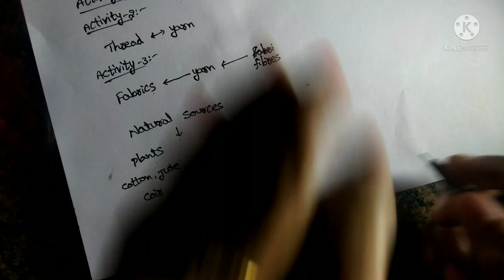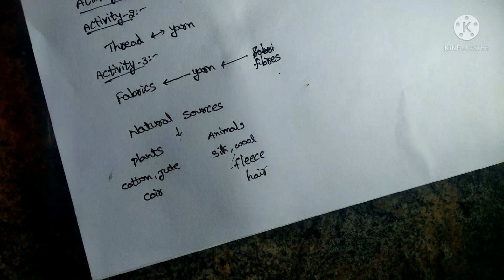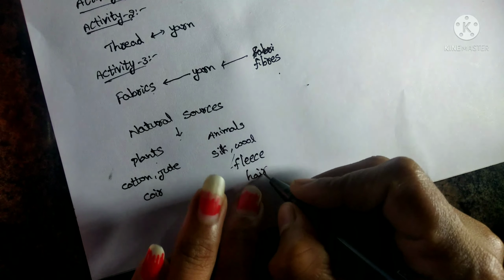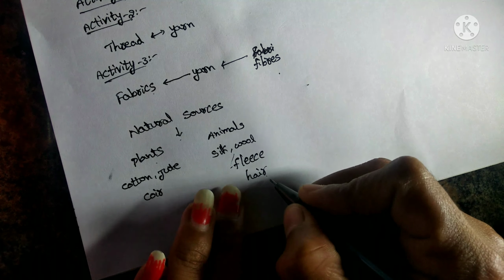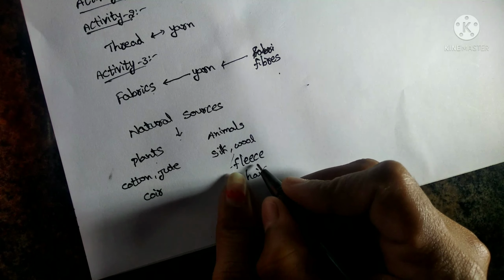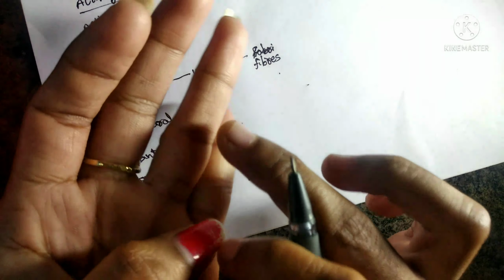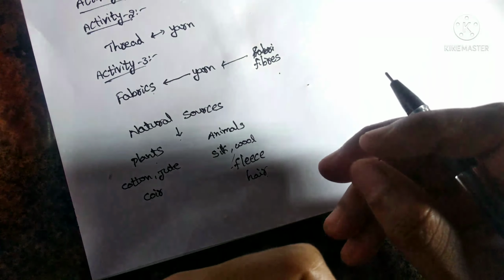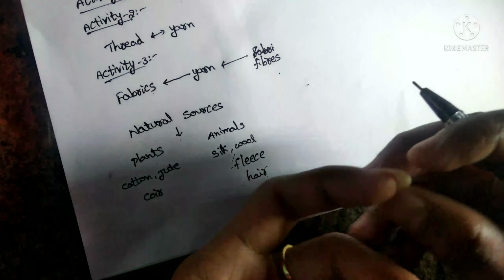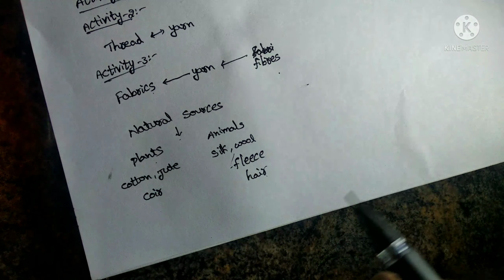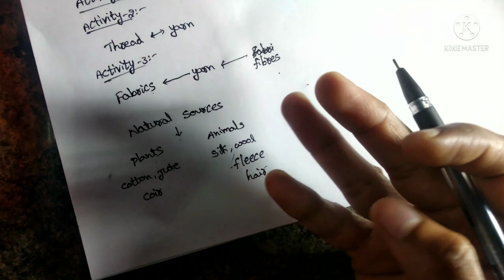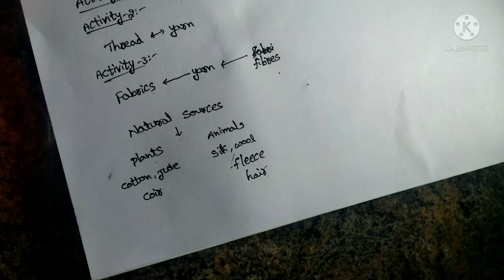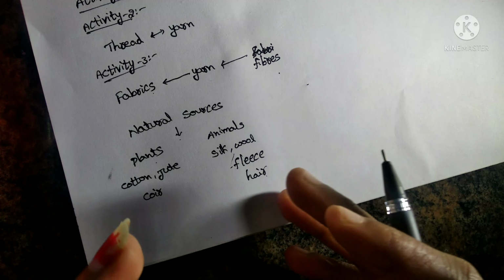On your head, hands, legs and face. So fleece is nothing but hair. From the fleece of sheep or goat, and also from various other animals like rabbit, camel, yak, etc., we get wool.